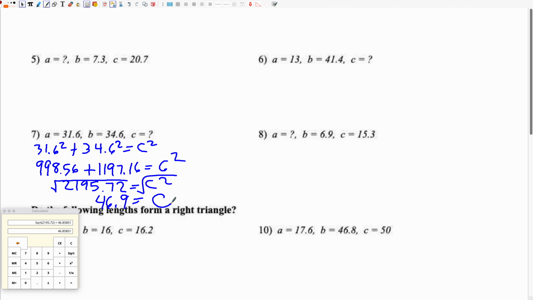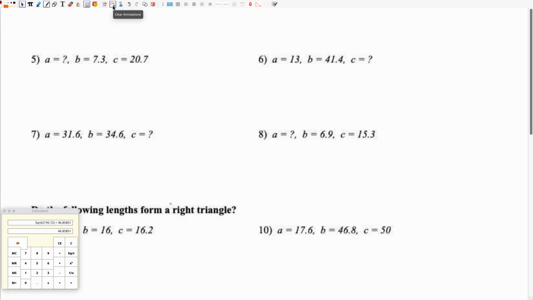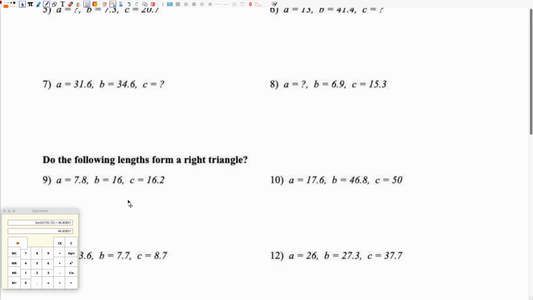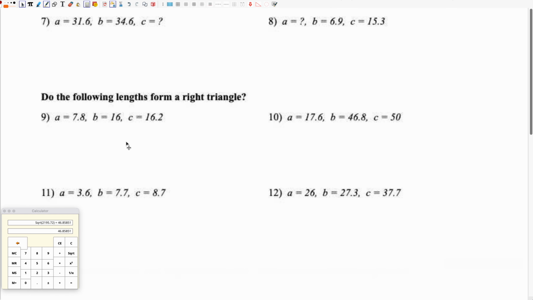We're getting there. Last couple of examples we'll do, move down the page to numbers 9 and 11. This is where we just have to check and see if the numbers work.